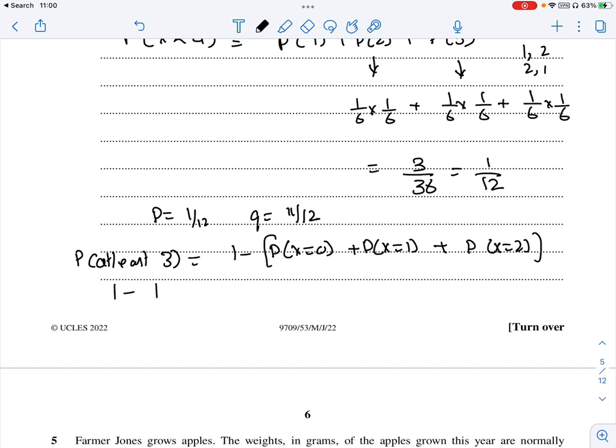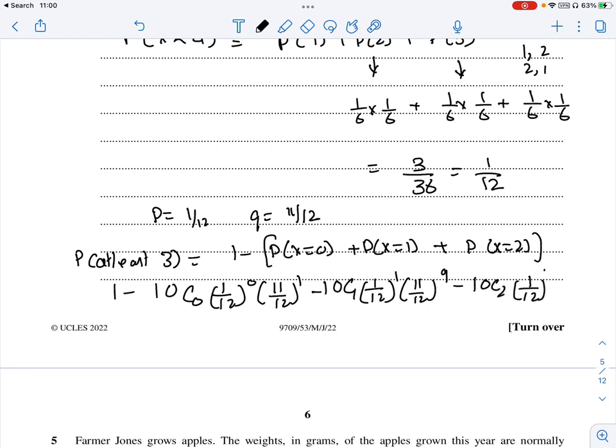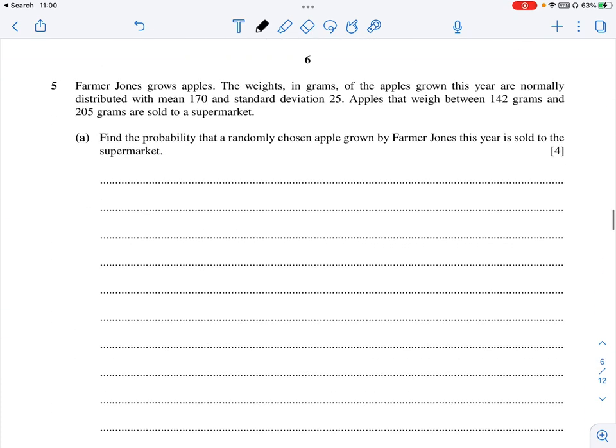So that is 1 minus 10c0, 1 upon 12 whole power 0, 11 upon 12 whole power 10, minus 10c1, 1 upon 12 whole power 1, 11 upon 12 whole power 9, minus 10c2, 1 upon 12 whole square, 11 upon 12 whole power 8. Simplify this, directly I am writing that answer. You should be getting 0.0445. That's the answer.